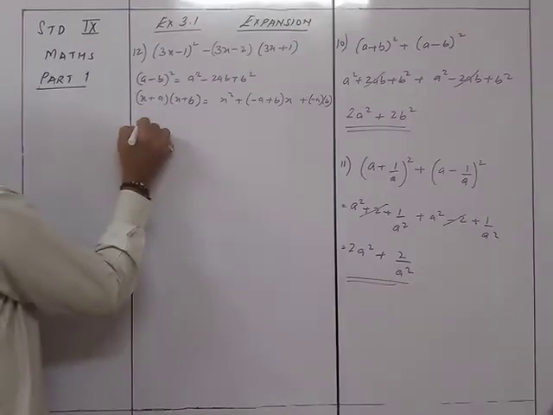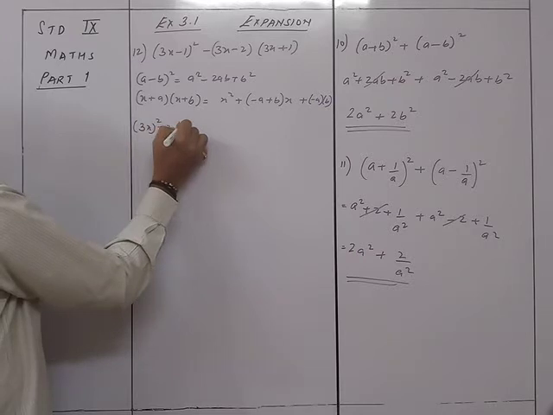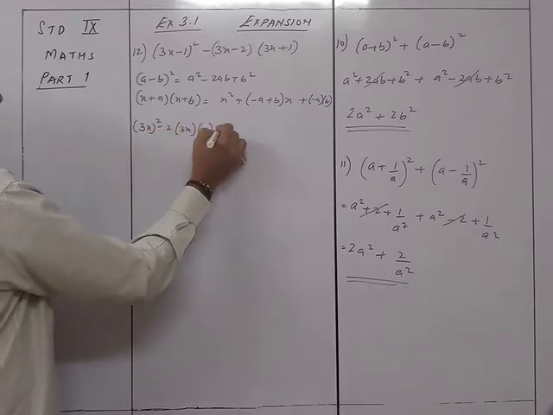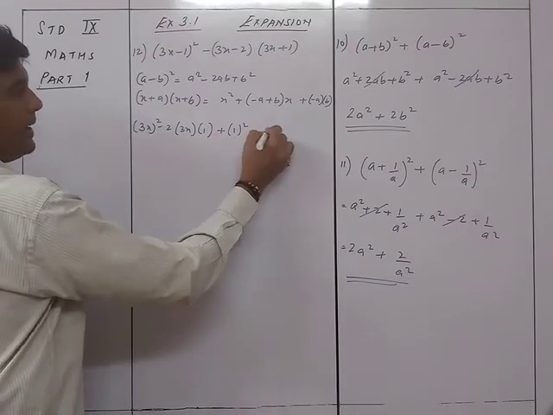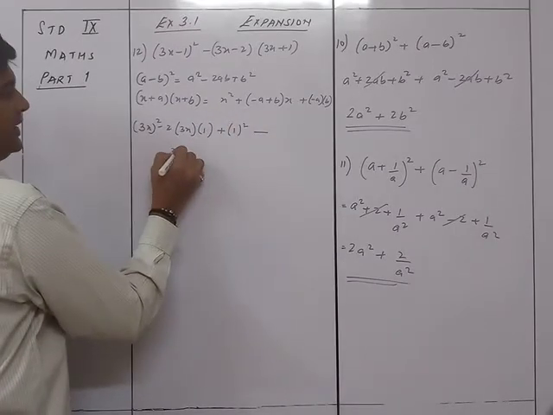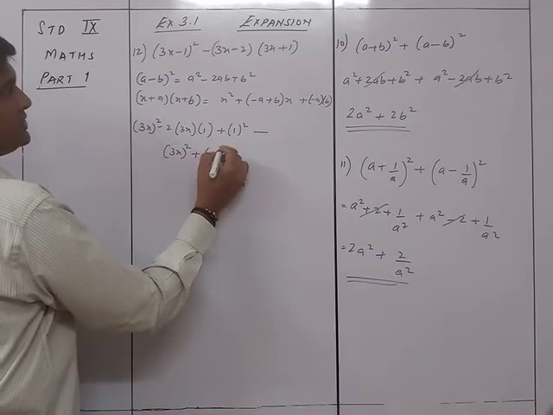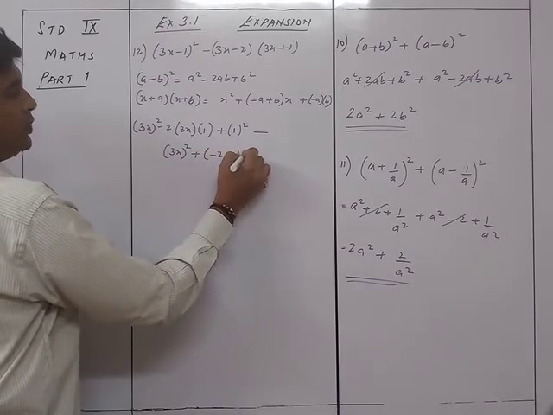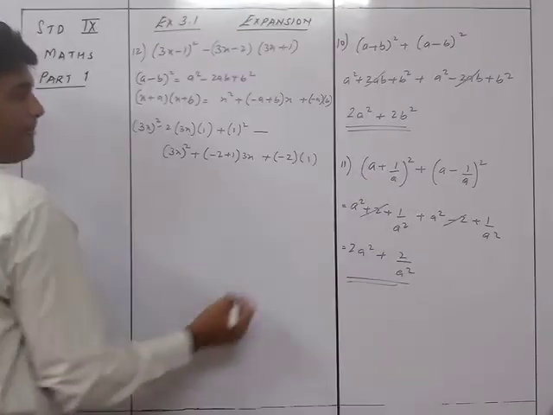Accordingly, it is (3x) the whole square minus 2 into 3x into 1 plus 1 into the whole square, minus, on the other hand we get (3x) the whole square plus minus 2 plus 1 into 3x plus minus 2 into 1.